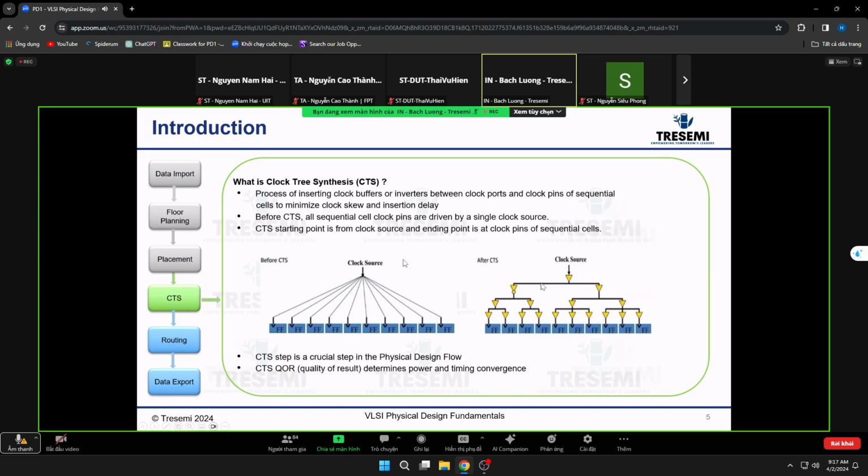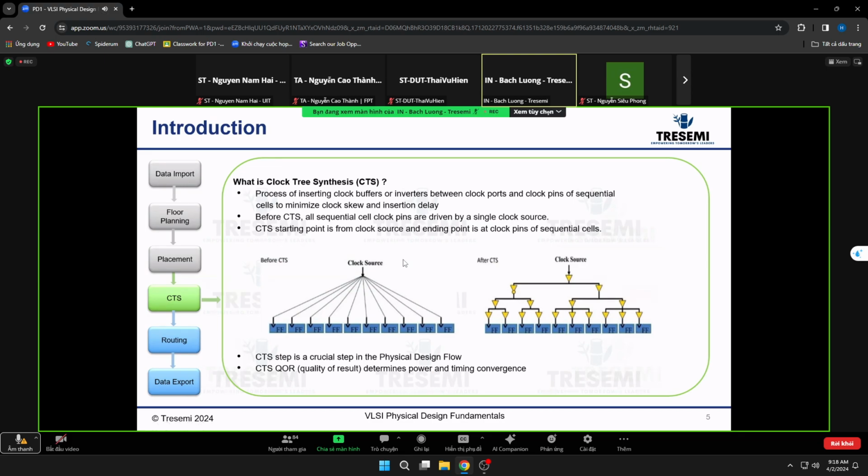So the delay here is insertion delay. We want to match all the insertion delays for each of these branches going to each of these endpoints. If the insertion delays are all equal, then your clock skew is going to be 0, but that's not realistic in a design. So we want to minimize the difference of arrival time across all the endpoints, all the flops.